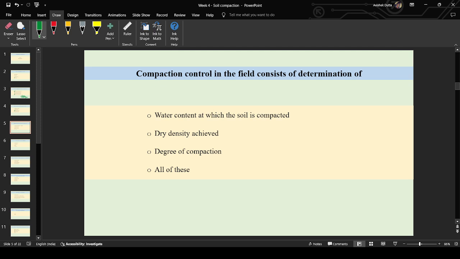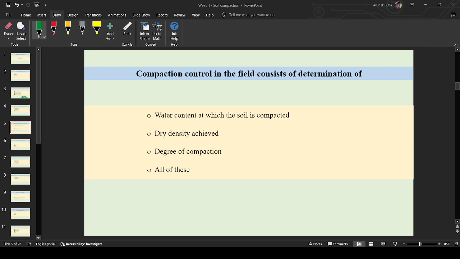This question I think is easy. Anyone? Compaction control in the field consists of determination of which parameters? Parameter or parameters? C, degree of compaction.